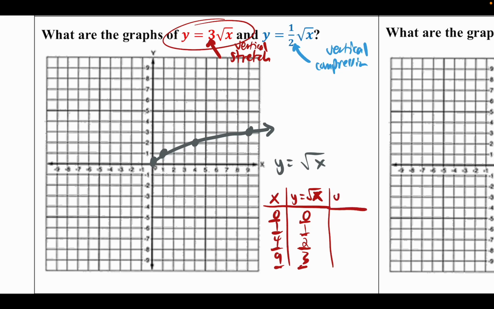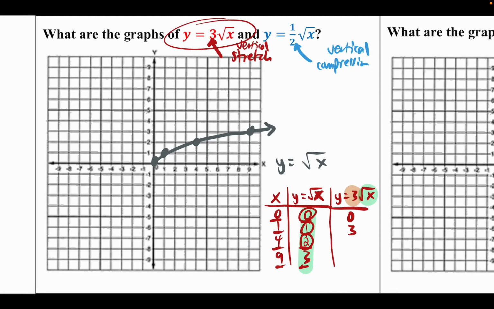So y equals 3 square root of x should really just take the square root of x, which is all of these values, but then just times them all by 3, right? Which means this y value gets times by 3 to become 0, and then this y value gets times by 3 to become 3, and this y value gets times by 3 to become 6, and that y value gets times by 3 to become 9, right?